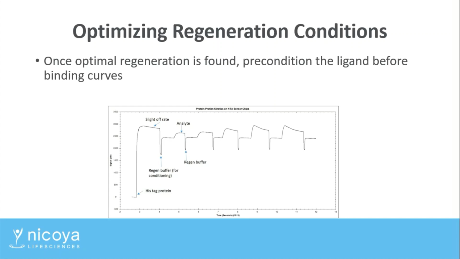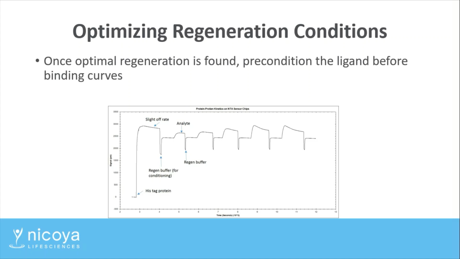If a regeneration step is needed, once the optimum regeneration solution is found, it is recommended to precondition your ligand with this solution prior to your first analyte injection. This will ensure the highest consistency throughout your test.